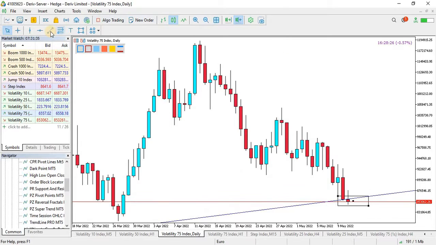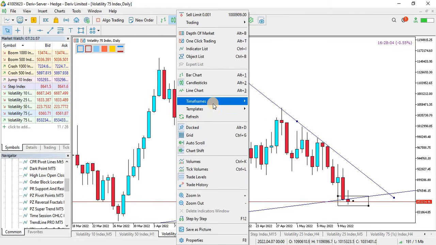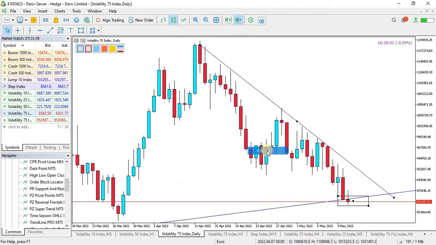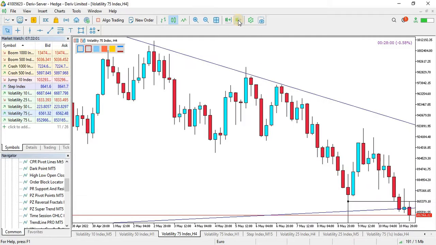But on the flip side, when you draw a counter trend line starting from the top all the way down, it also indicates that we are still in a downtrend. On the daily, we are still in the downtrend, so we'll go to 4 hours to try to refine the counter trend.